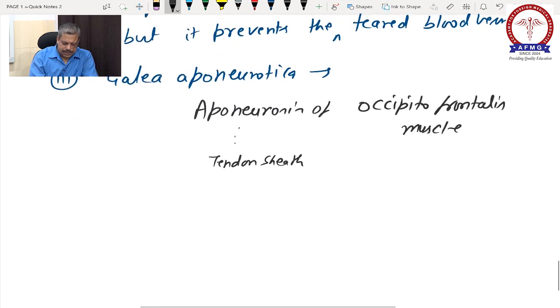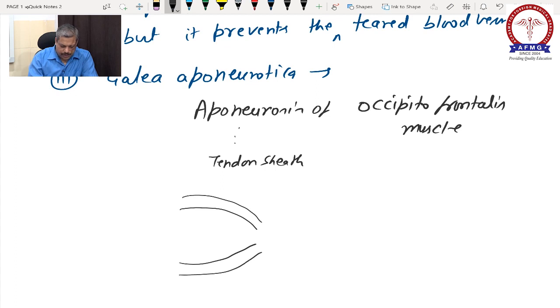See this diagram. This is the occipital belly, and this is the aponeurosis of the occipitofrontalis muscle. This belly is the occipital belly, this belly is the frontal belly, and this is the aponeurosis. This is the anterior view, this is the posterior view.